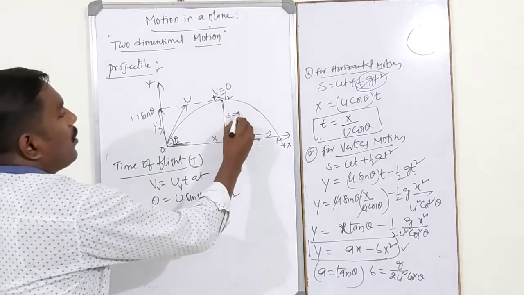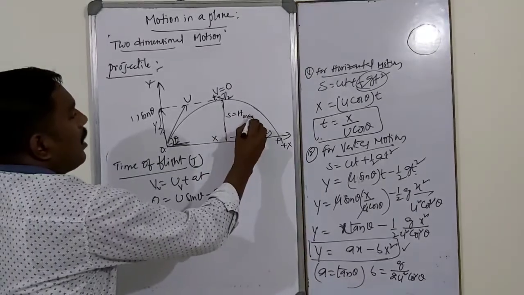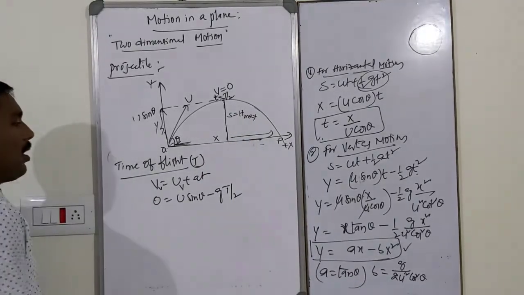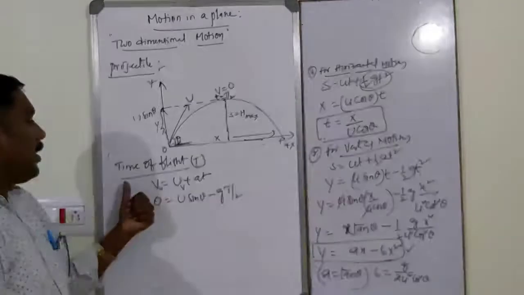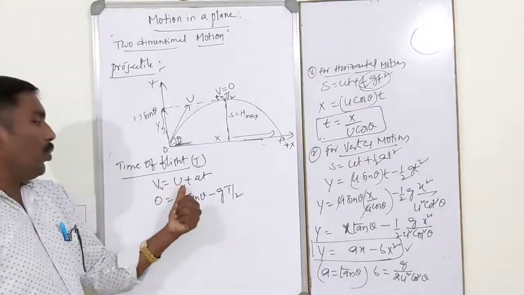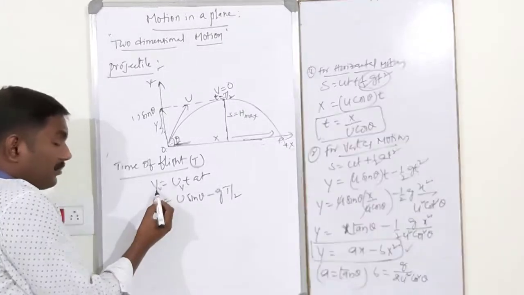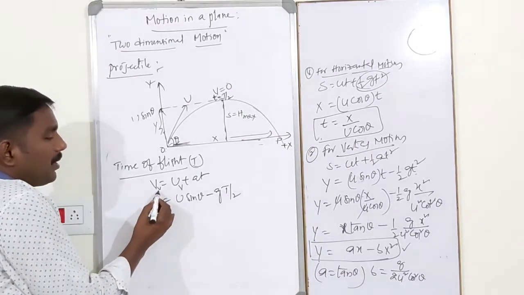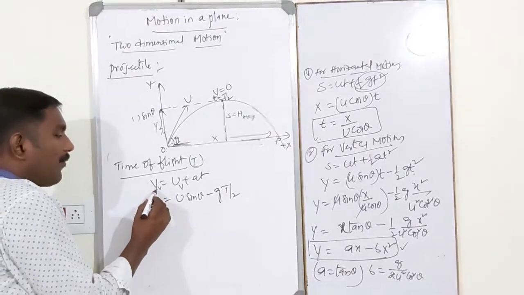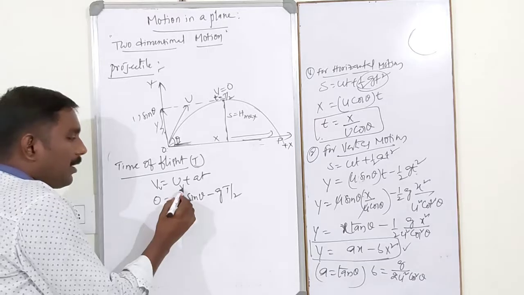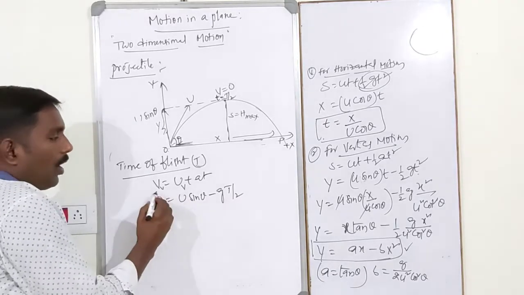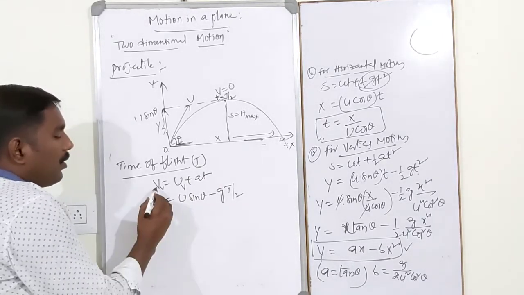So s is equal to H maximum. Using the equation of motion v is equal to u plus at, I will take only the vertical components.